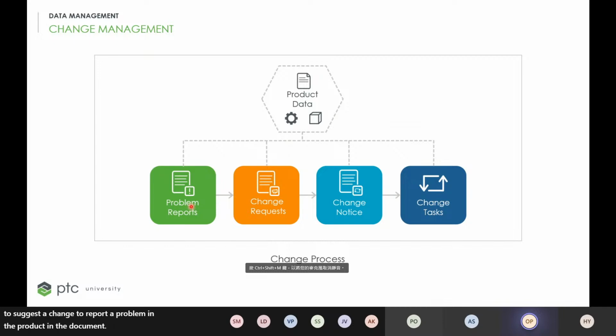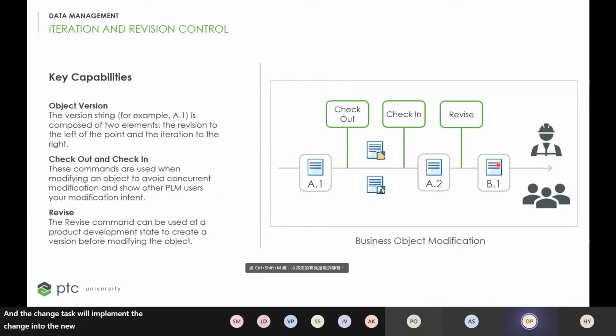A change request is the formal request for making the change. A change notice: over here, someone has to plan how this change will happen and create the new revision. And the change task will implement the change into the new revision.